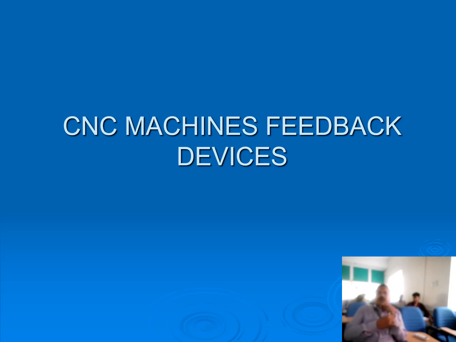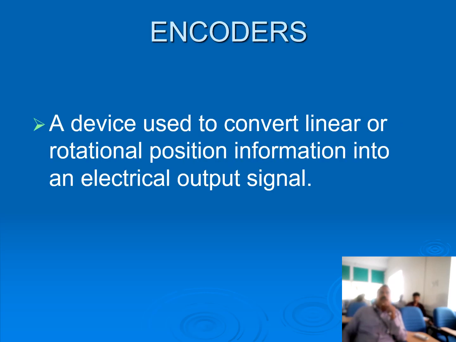So what are the feedback devices we use in CNC machines? Encoders. See, encoder is a device used to convert linear or rotational position information into an electrical output signal.